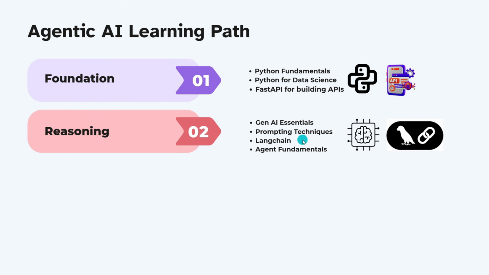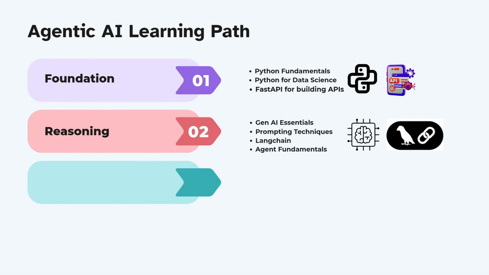Then the prompting techniques: few shot, one shot, zero shot, chain of thought. LangChain is a framework where we will learn its components like tools, memory, conversational memory, and document ingestion. And in agent fundamentals, we are going to build the first agent.